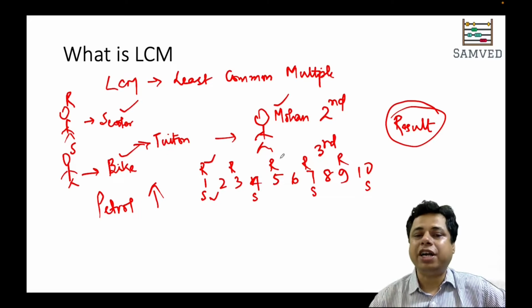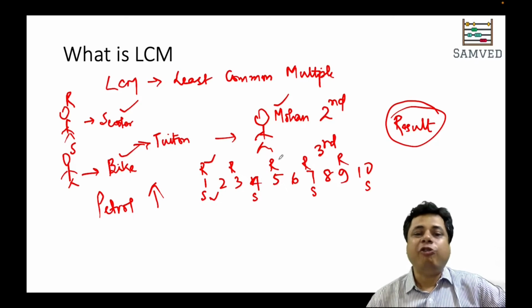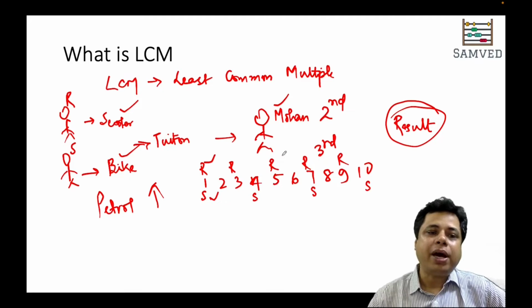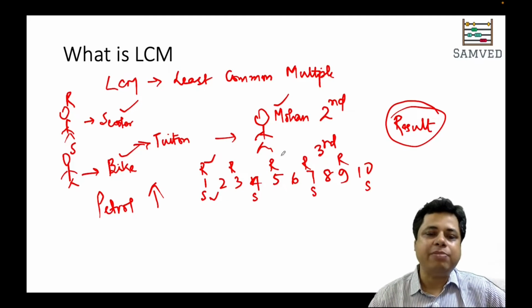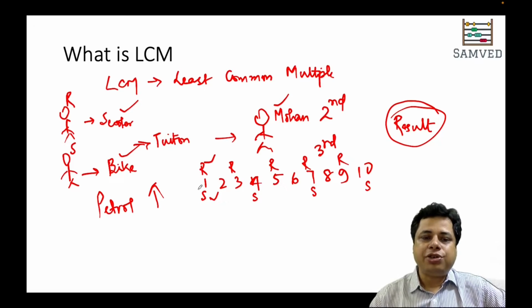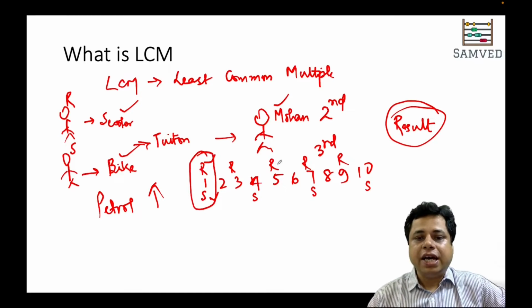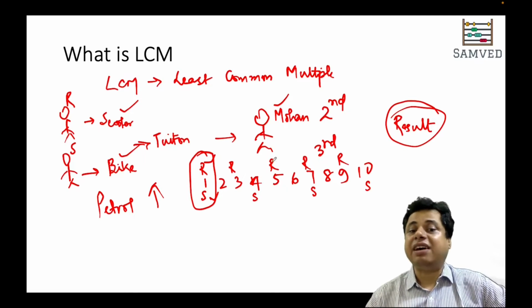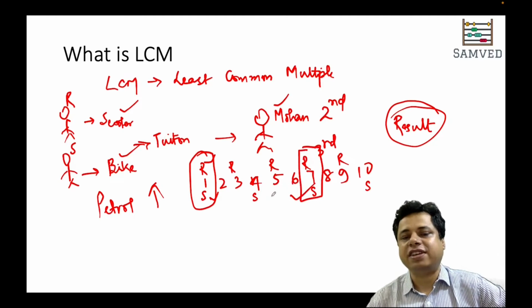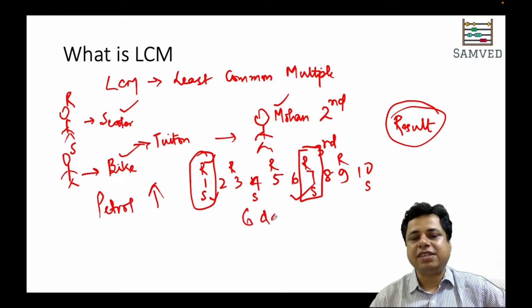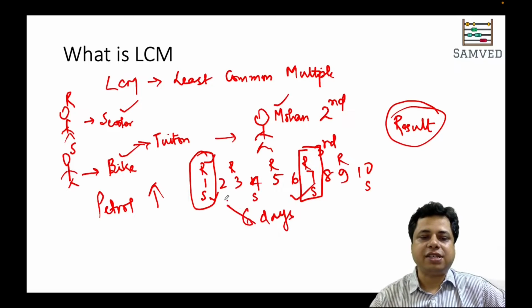Mohan tries to identify those days when both Ram and Shyam will be available on the same day. So Ram and Shyam both were in the tuition center on the first date. The next earliest date when both of them will be at the tuition center is on the 7th, which is 6 days after the first.